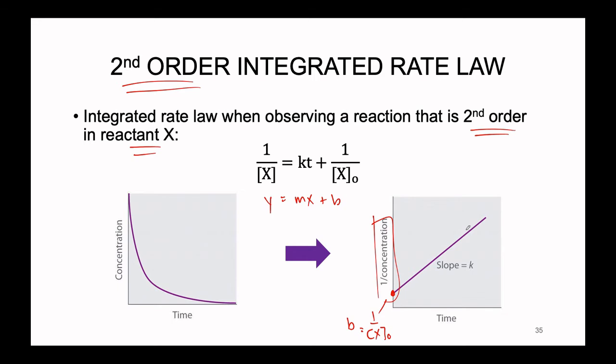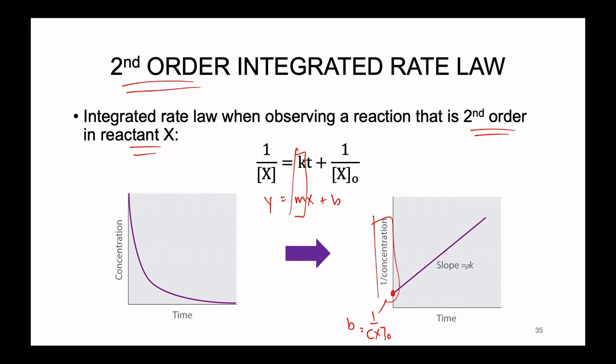The slope that we can see here is going to be straightforwardly equal to k. It is not equal to negative k this time, meaning that if, again, your reaction is second order and you take the inverse of your concentrations, you will get a linear relationship here, a positive slope. So your slope is equal to k.